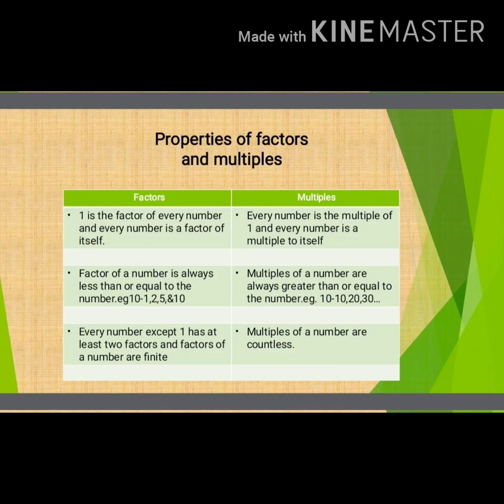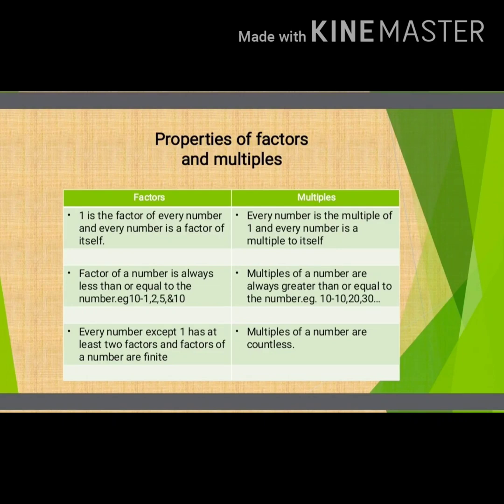So here again 17 will be its own factor. So at least 2. Every number will have at least 2 factors, and factors of a number are finite. That means we can always count the factors. It is not infinite, it is finite or limited.